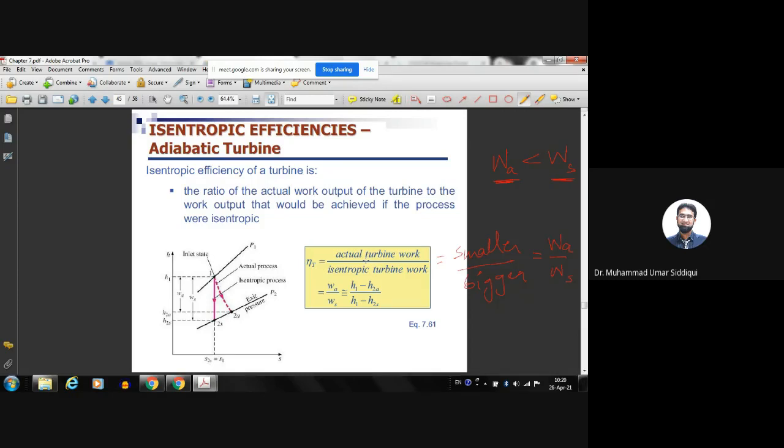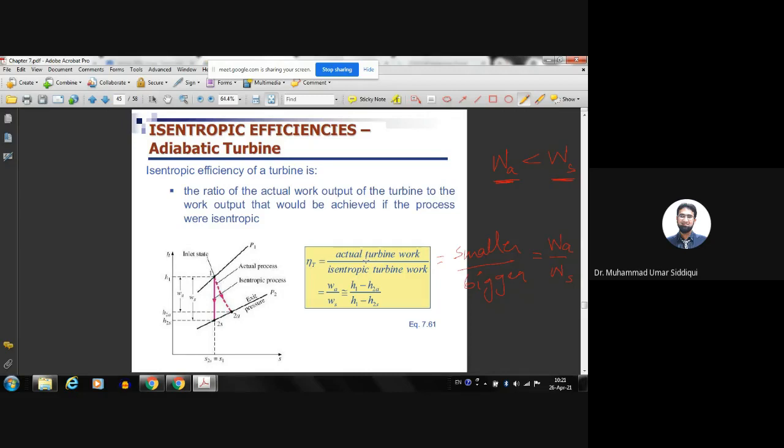So for most of the cases, in case of the turbine, the pipe diameter at inlet and exit are the same, so there are no changes in the velocity of the fluid going in and out of the turbine, so the kinetic energy factor will be zero, and also the potential energy effects are zero. The only difference is the change in the enthalpy.